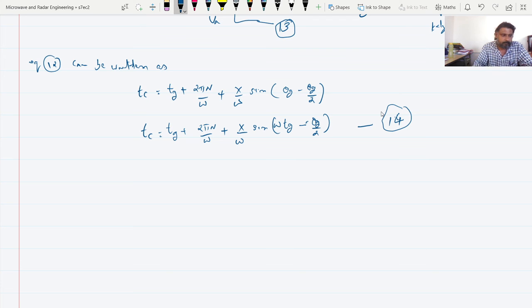So what you have to do now is differentiate this equation with respect to Tg. I will stop after differentiating.